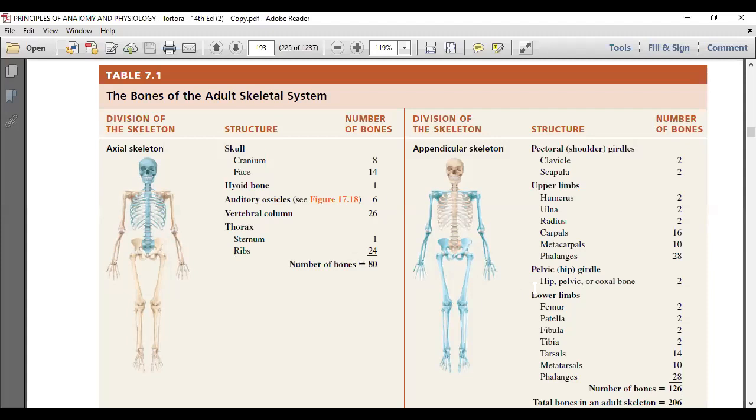Then in the appendicular skeleton, the pectoral girdle has 2 clavicles and 2 scapulae. Then 2 humerus, because we have 4 limbs, 2 ulna, 2 radius, carpals 16, metacarpals 10, and phalanges 28.